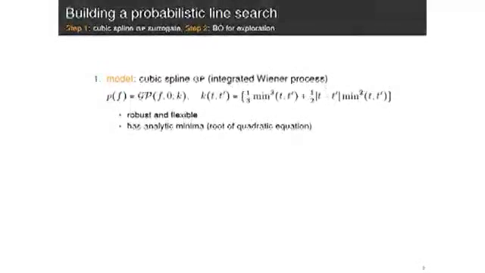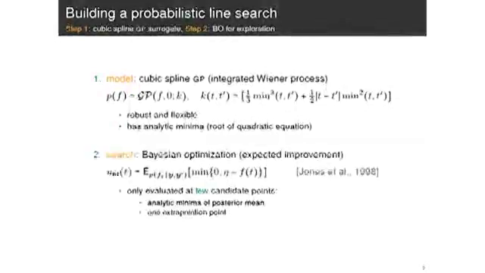So these three steps in more detail. The Gaussian process we're using is an integrated Wiener process. This is a very nice kernel. It is robust and flexible, and the posterior mean are piecewise cubic splines which have analytic minima. And this is a feature that we're going to use as well in the next step.